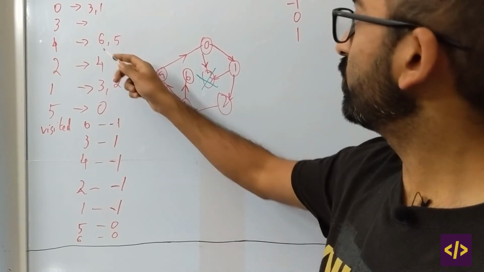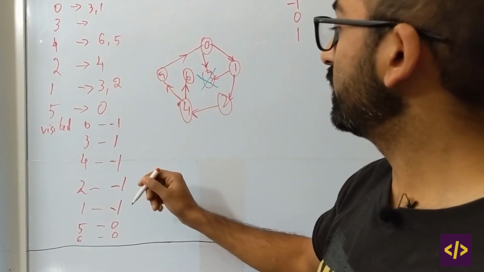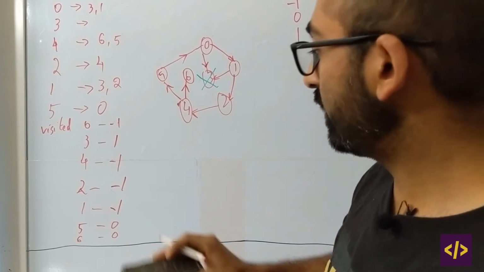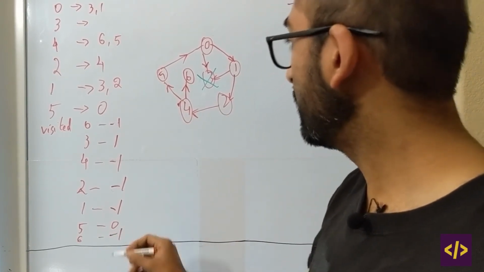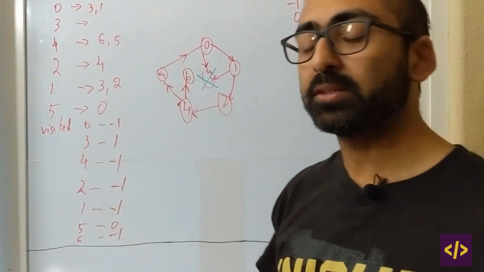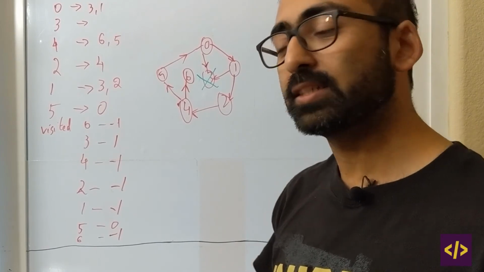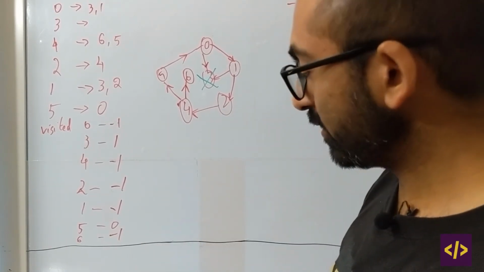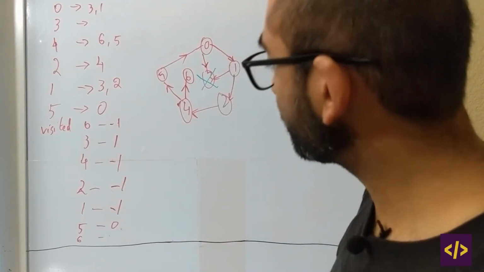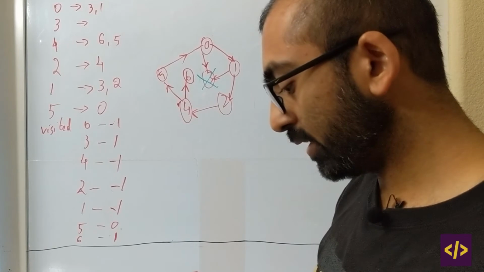Then 4 has 6 and 5, and we go to 6 and set that as -1. Does 6 have any neighbors? No, it's also quite lonely. And then we put 6 to 1.